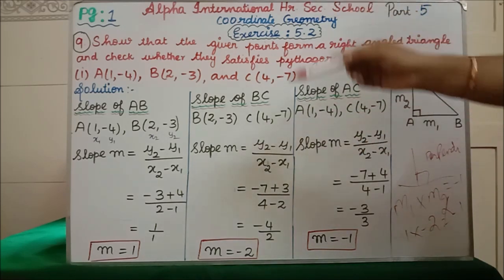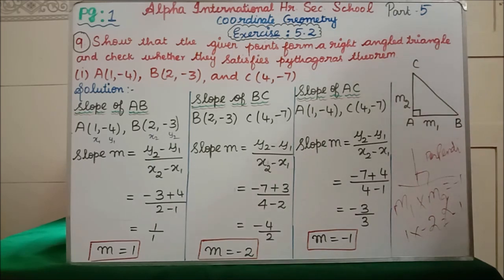Next, we have to take the slope of AB into the slope of AC. See, AB is 1, AC is minus 1. So 1 into minus 1 is what? Minus 1. So we are getting it. So now we are going to take the slope of AB into the slope of AC equal to minus 1. That we will do on page number 2.